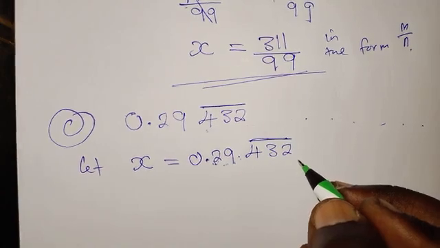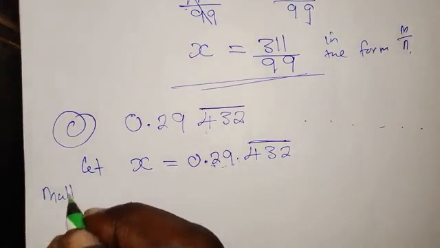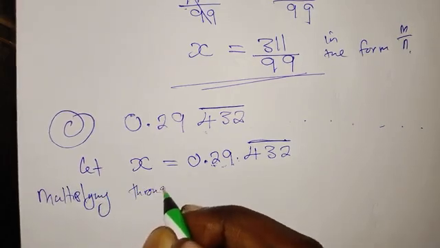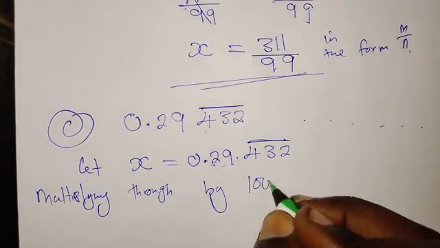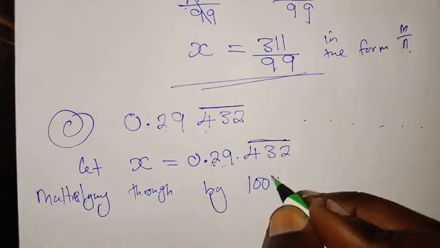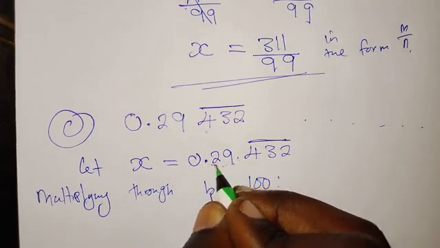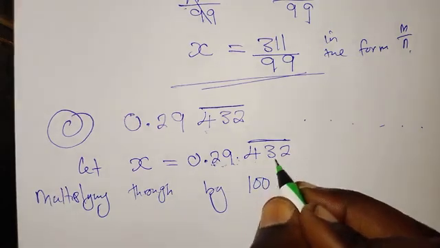So what I'm going to do is simply multiply through by 100. Why am I multiplying through by 100? I want to eliminate the 29 from being after the point, because 29 is not repeating. The only thing repeating is the 4, 3 and the 2.